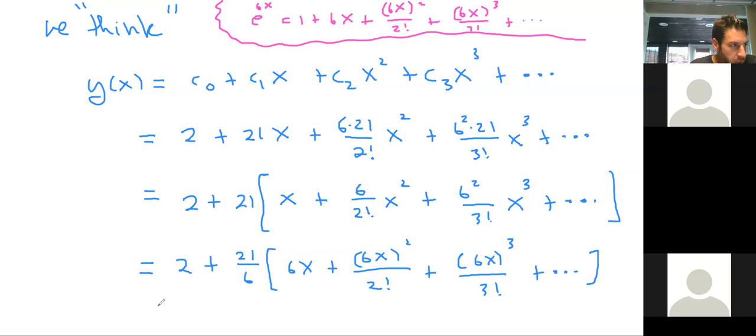And what you need to note is this is nothing more than 2 plus 21 over 6, which is 7 halves. And inside these parentheses is just e to the 6x minus 1. If you're not sure how I got that, look at the top in the pink.